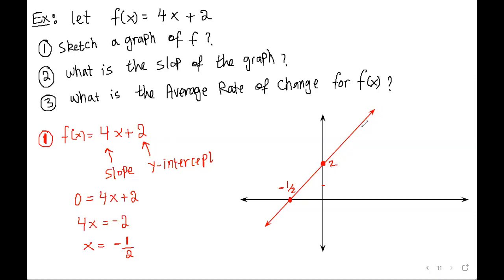And the slope for this line is 4. So this is the function f of x equals 4x plus 2. Any question?